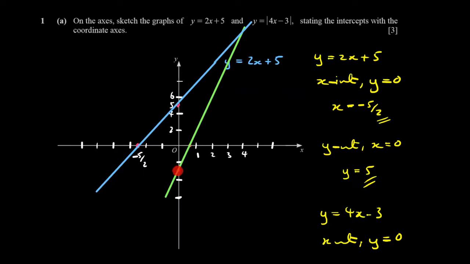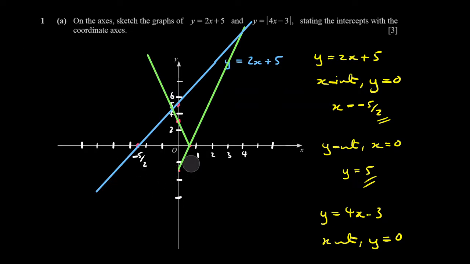For example, this point here, where y is equal to negative 3, is going to get reflected to the coordinate where y is positive 3. So what we can do is we can just draw that on like this, like that. Because each one of these y coordinates, when you put it into the modulus, becomes reflected like that. So I'm just going to get rid of the rest of the graph.